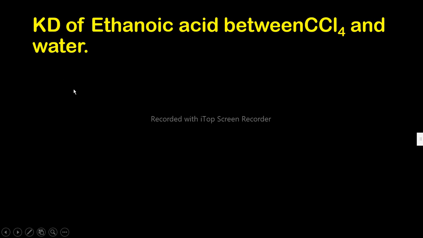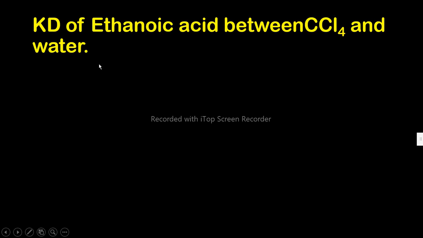It is the same concept. Ethanoic acid is a solute in both the organic and the aqueous layer, whereby it will dissolve in both.